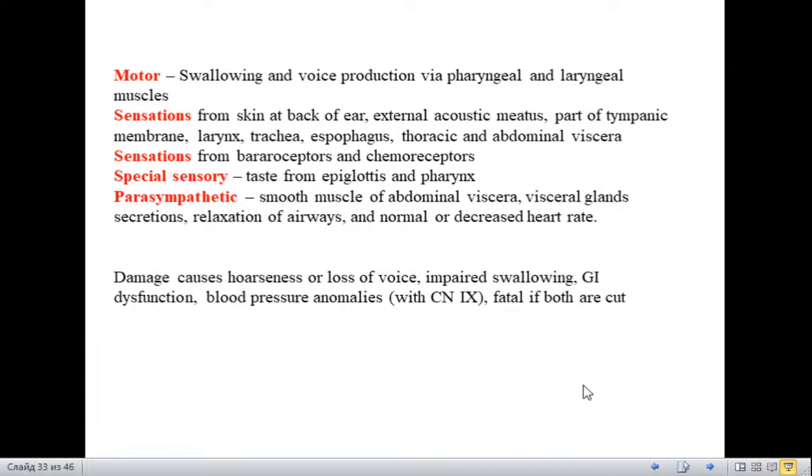And parasympathetic innervation by vagus nerve provided to smooth muscles of abdominal organs, visceral gland secretions, relaxation of airways, and so on. So, damage to vagus nerve causes hoarseness or loss of voice, impaired swallowing, dysfunction of gastrointestinal tract, blood pressure anomalies, and in case of bilateral damage, it causes death.